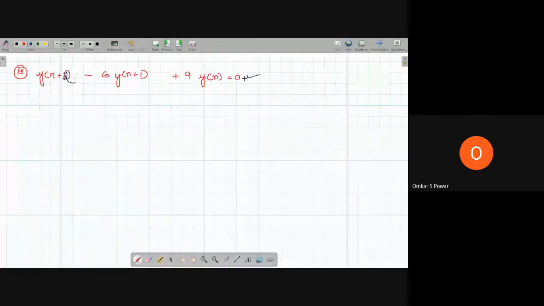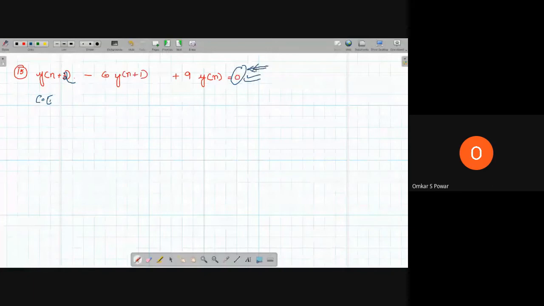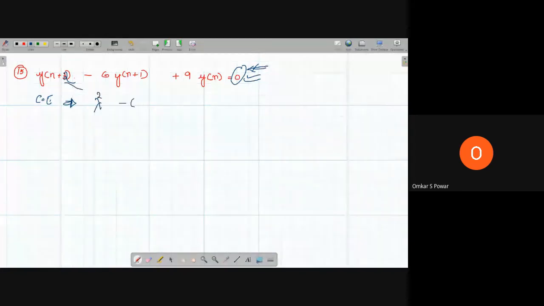The first thing you have to write is the characteristic equation, and observe that the right-hand side is 0, so that is an advantage; only the natural response we have to find out. So the characteristic equation is lambda to the power of 2 minus 6 lambda plus 9 lambda to the power of 0, which we need not write, is equal to 0.